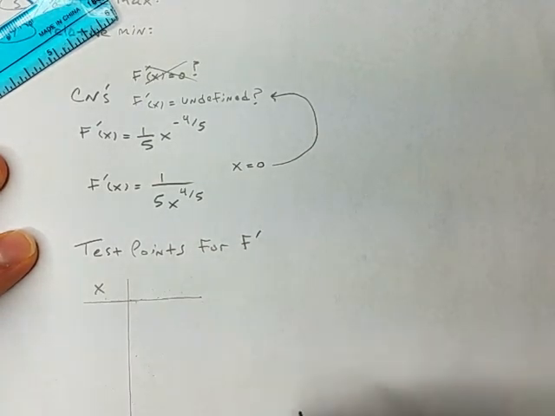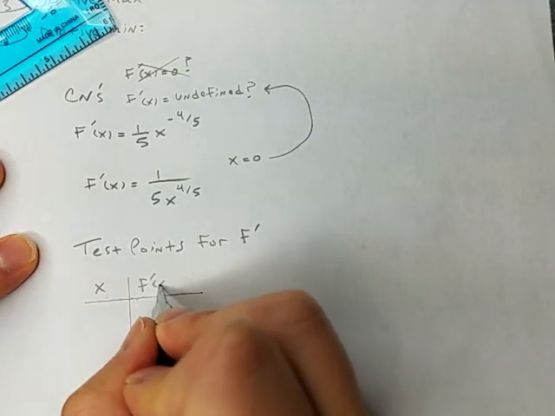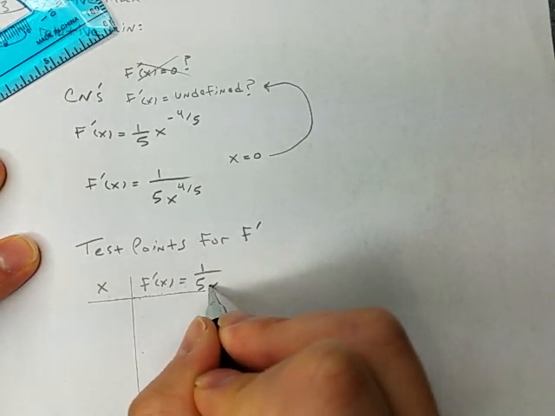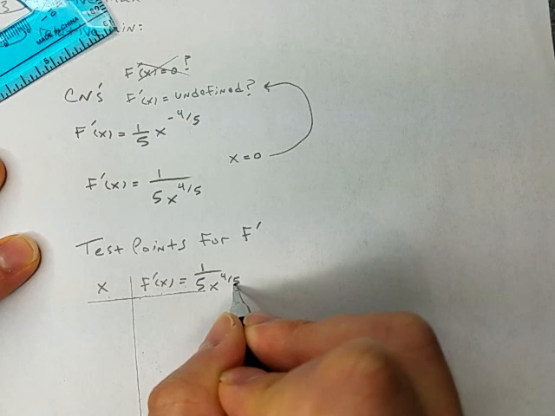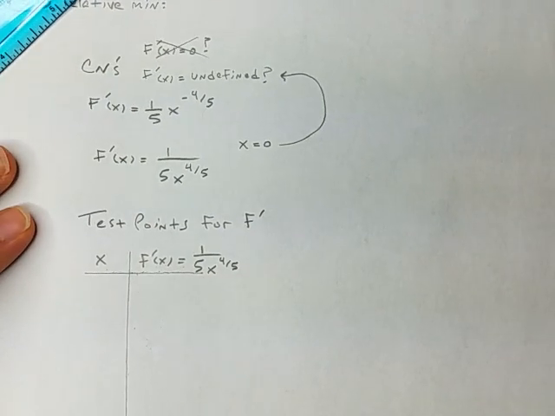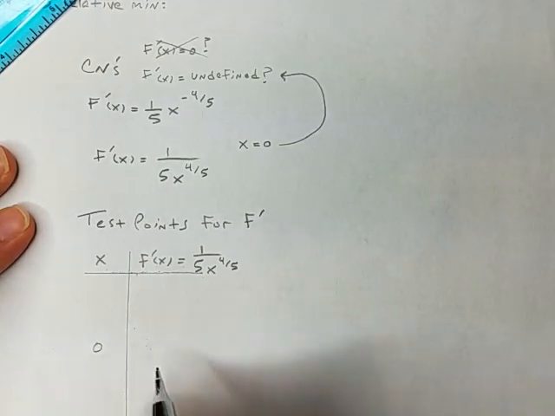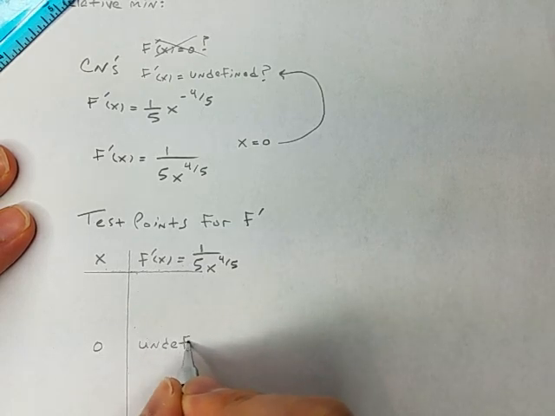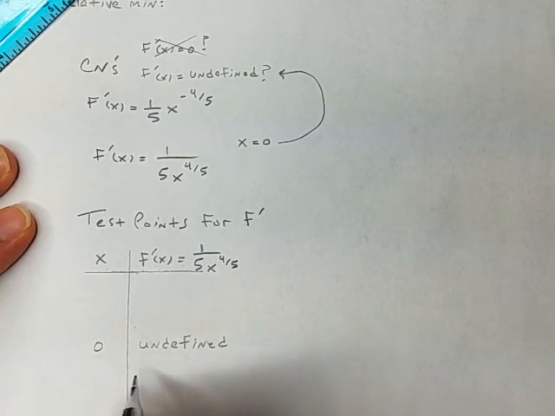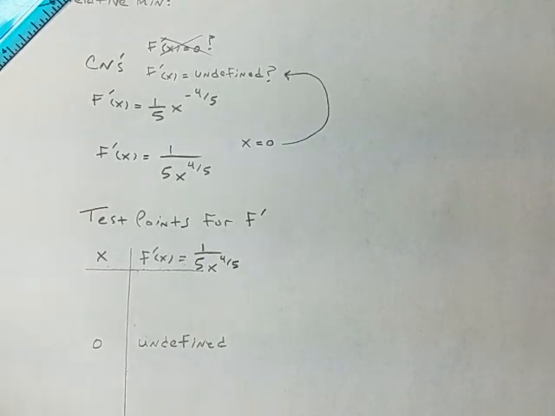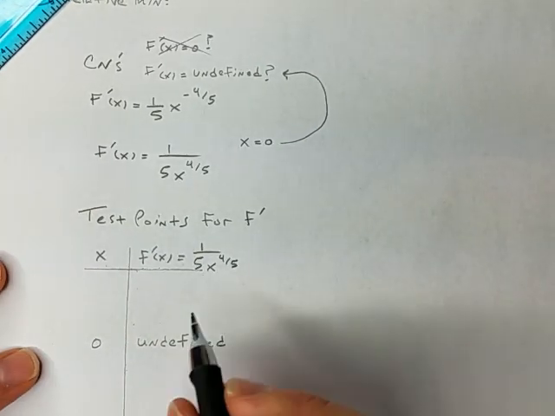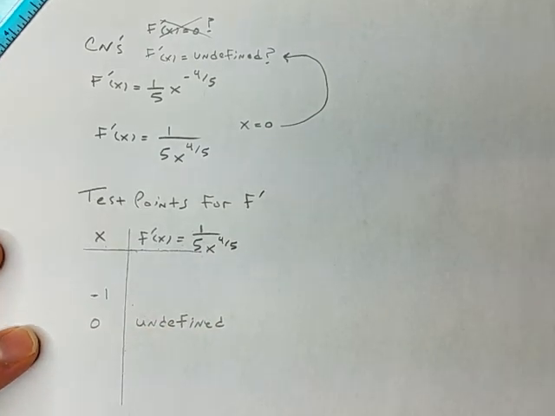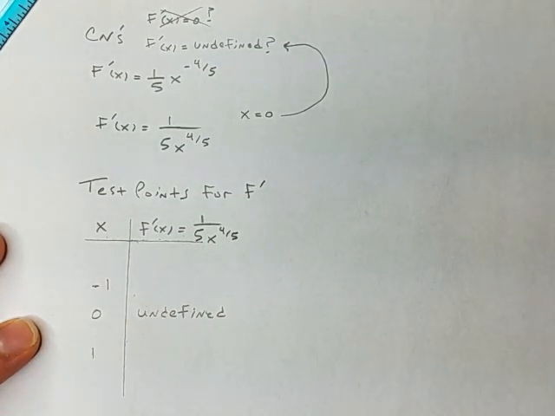So I'll say x here, f prime, 1 over 5, x to the 4/5. Okay. All right, and at 0, my derivative is undefined. Remember, because it was a critical number, and I need to test something outside of that. What would be easy to test in there? I think -1, actually, that would be pretty easy. And on the other side, I think 1 would be easy.